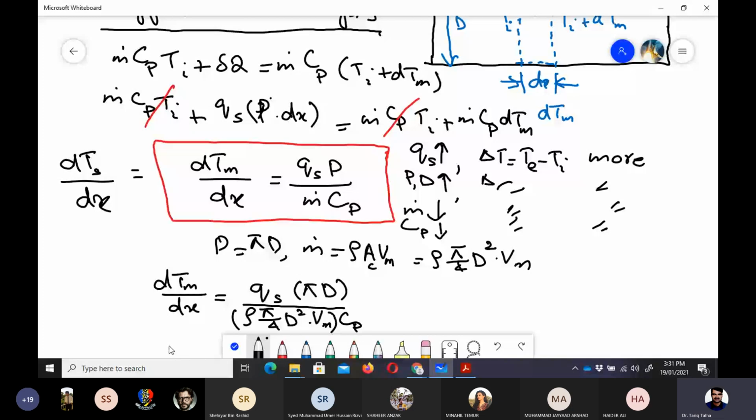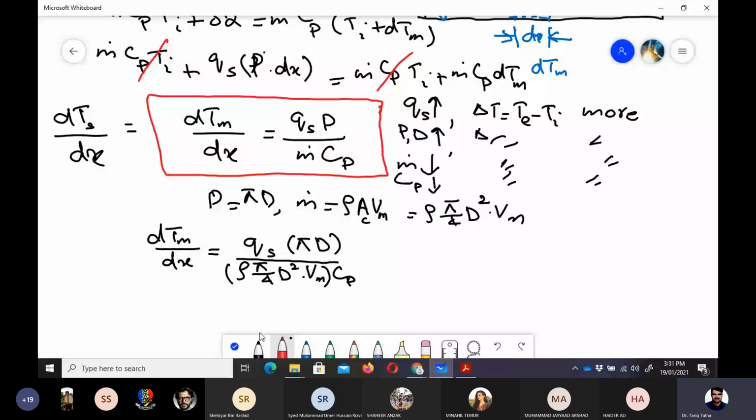Now if we simplify it, the diameter would cancel with this, and we have 4 qs divided by rho Vm cp d.